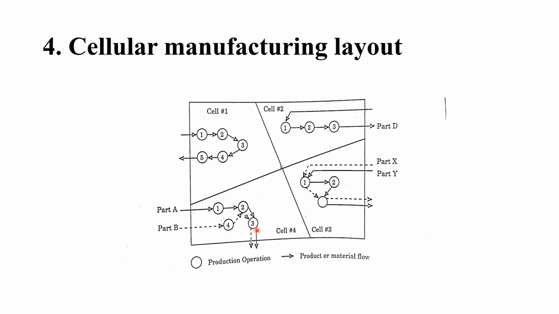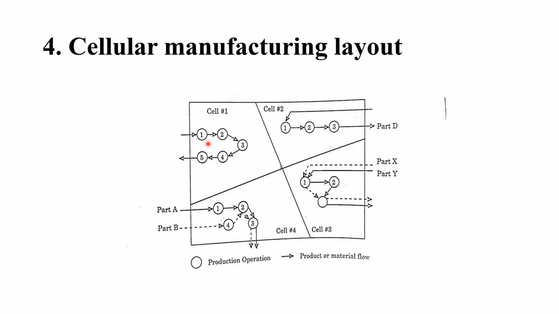In the cellular manufacturing layout, we are not going to do this type of manufacturing. Here, in cell 1, the first process of producing goods will be done. All the 3000 units of goods will be produced. The first process will be finished in cell 1.